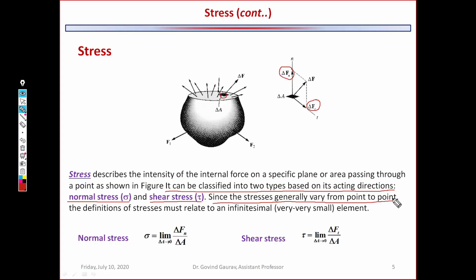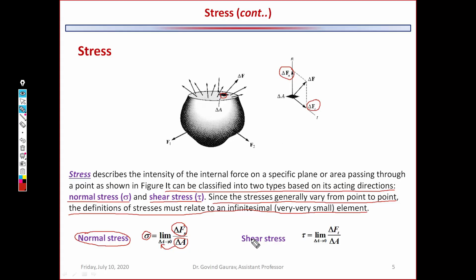we should define the stress at a particular point, and the definition of the stress must relate to an infinitesimal, very small element. So we define the normal stress acting at a particular point. It is represented by sigma, which is delta Fn, the force acting in the normal direction, over the area which we have selected, under the limit when delta A tends to 0.